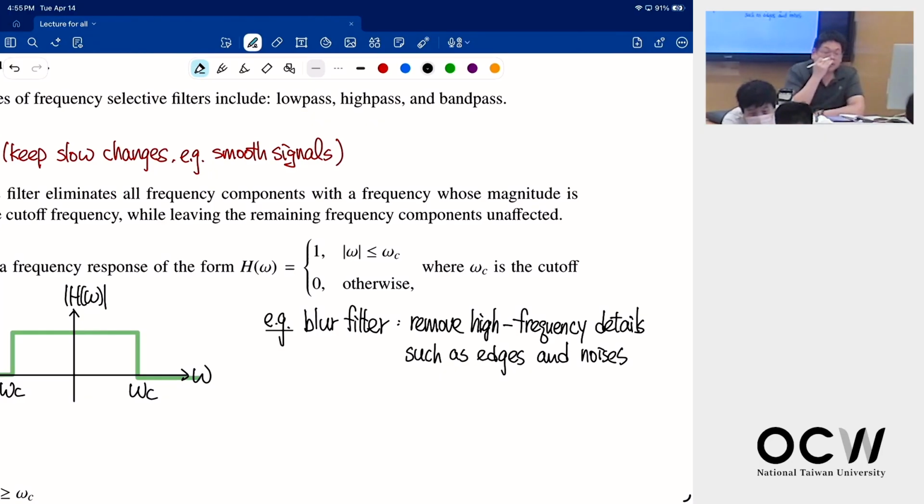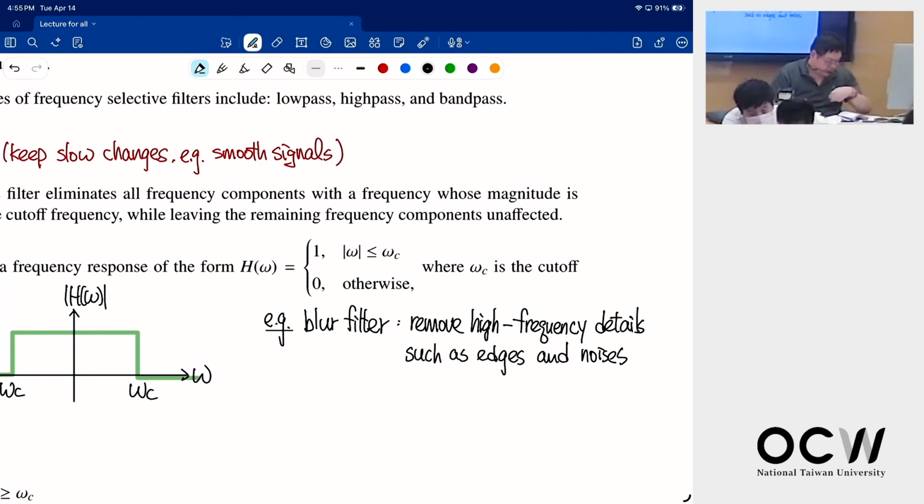Or another example, like the car suspension. They may remove the high frequency vibrations. If I have road bumps, they can remove that vibration.